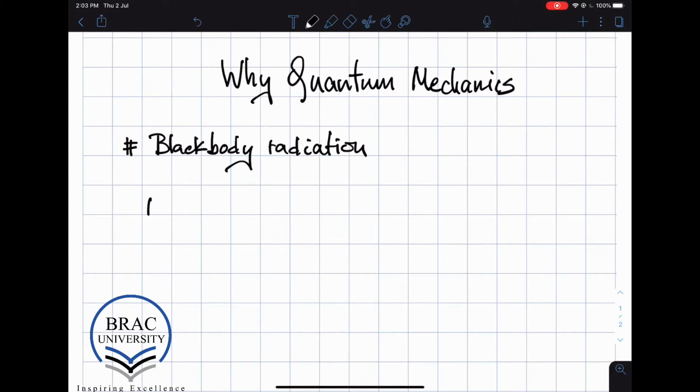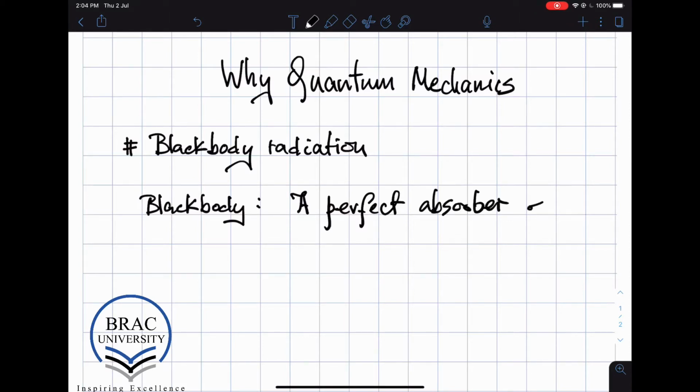A black body, as the name suggests, is a perfect absorber of radiation, and that's why it's black.